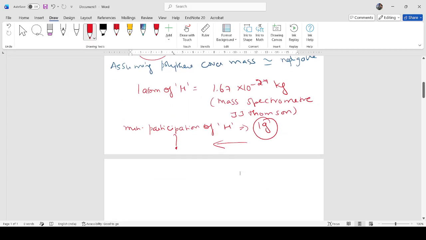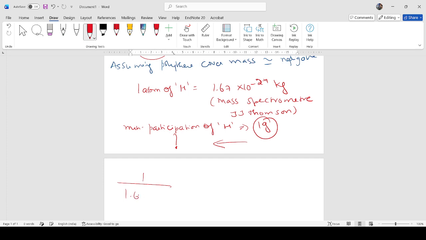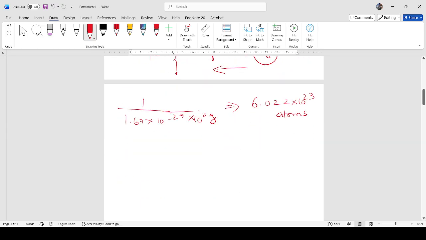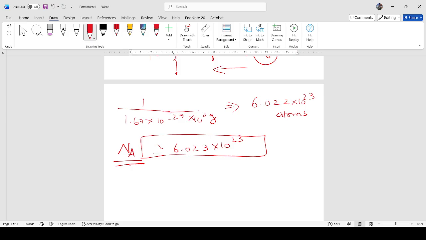It can be calculated just by dividing 1 by 1.67 into 10 power minus 27, and it is in kilograms, right? So it's 10 power 3 grams. So this is approximately 6.022 into 10 power 23 atoms. And that is what people approximate as 6.023 into 10 power 23. And this is what is called the Avogadro number, which is abbreviated as Na.